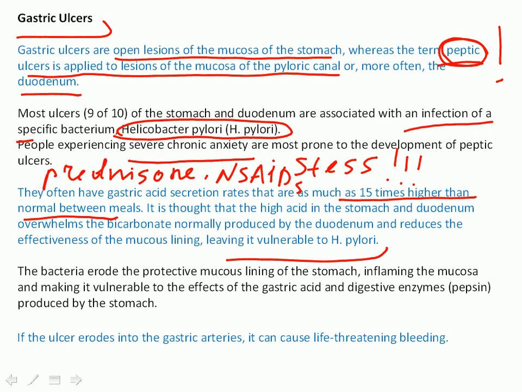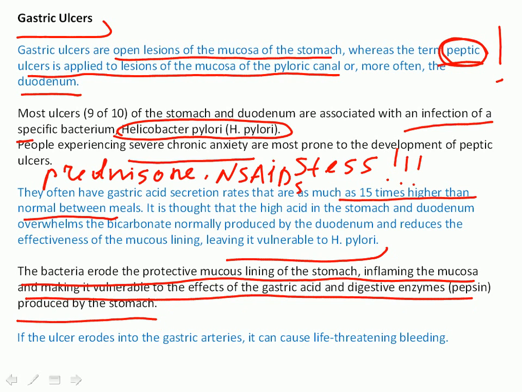Eventually, the high acid content of the stomach and duodenum overwhelms the bicarbonate normally protecting the gastric mucosa, which is produced usually in the duodenum and the pyloric part of the stomach. And this is damaging the mucosal lining.